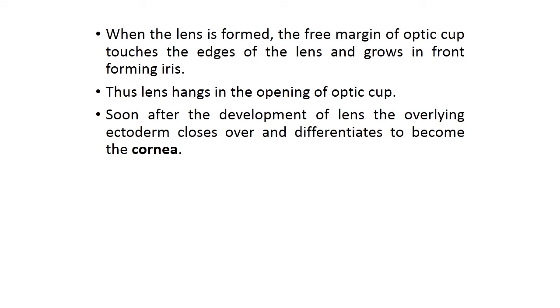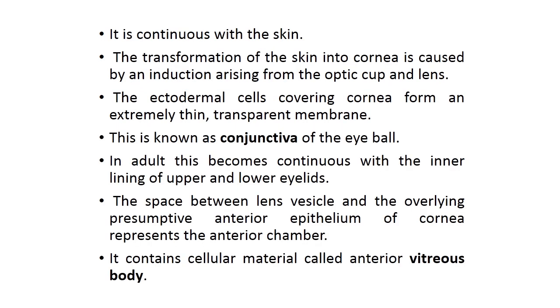Soon after the development of the lens, the overlying ectoderm that closes over it differentiates to become the cornea. It acts as a layer on top of the lens, and that becomes the cornea. It is continuous with the skin.